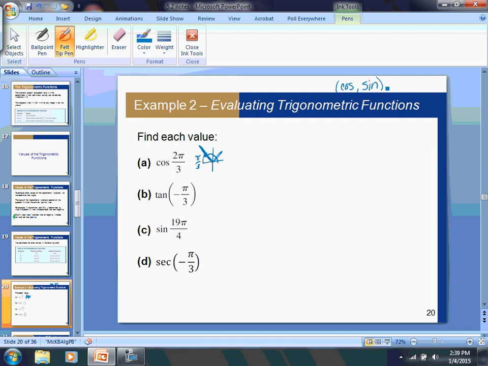So we really want the x value of the ordered pair for pi over 3. So the terminal point for pi over 3 is going to be 1/2, square root of 3 over 2. Okay, that's our terminal point. And I want the cosine value, so I want the 1/2, but I'm in the second quadrant. So remember all of these x values in the second quadrant are going to be negative. So I want negative 1/2.